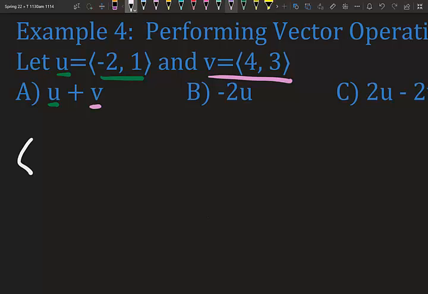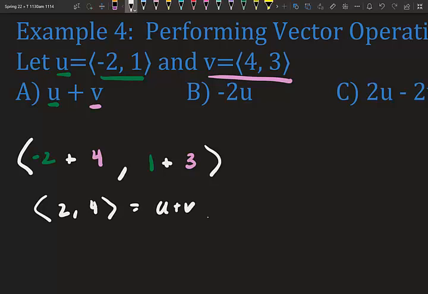So we have -2 plus 4, and then 1 plus 3. It's A plus A, B plus B. So let's simplify. We get 2, 4. And that is U plus V. That's if we added these two vectors. If we added them, this is where it would end up.